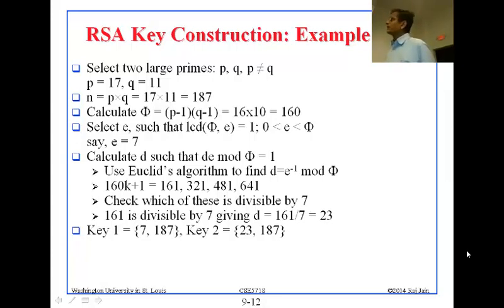Now one of these is a multiple of E, a multiple of 7. So is 161 a multiple of 7? No. 321 a multiple of 7? No. And so on and so forth.